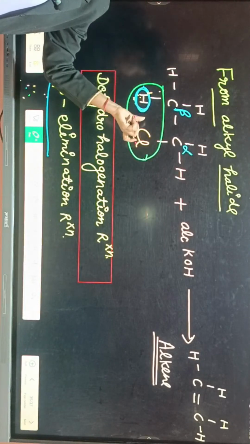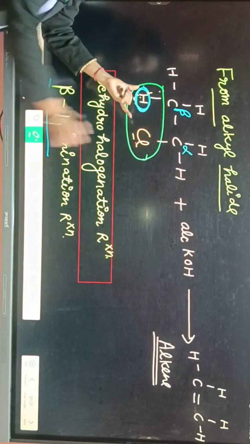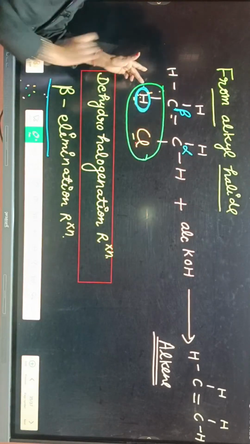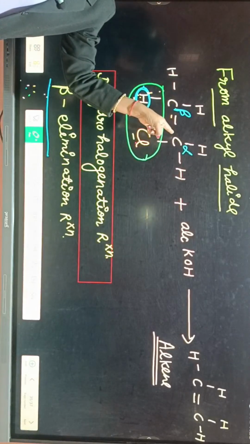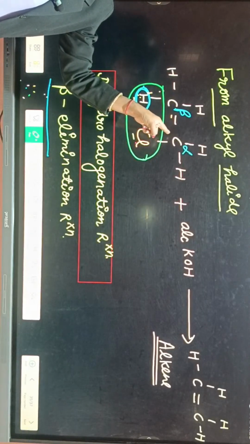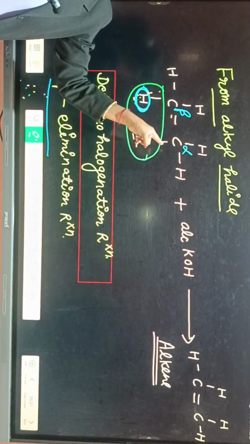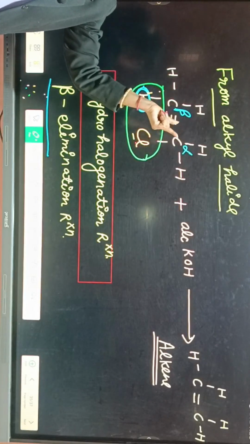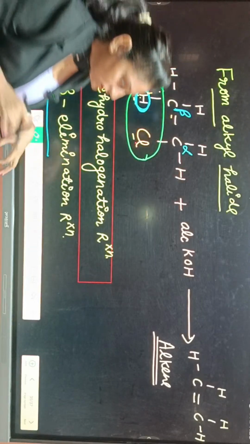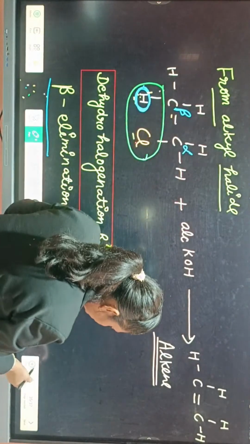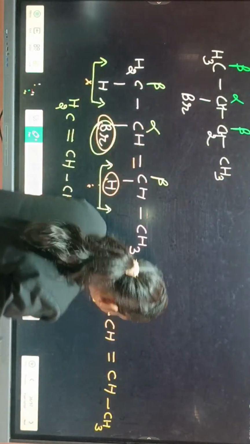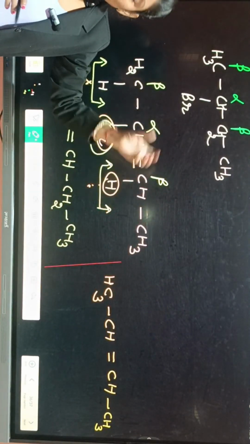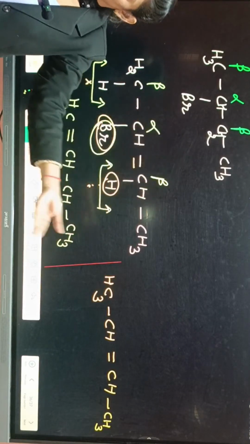After removing these two, you will put a double bond between those carbons. Clear or not? Only this thing you will do. But here only one beta hydrogen. In some reactants, if two or more beta hydrogens are available, then you will get 2 or more products.